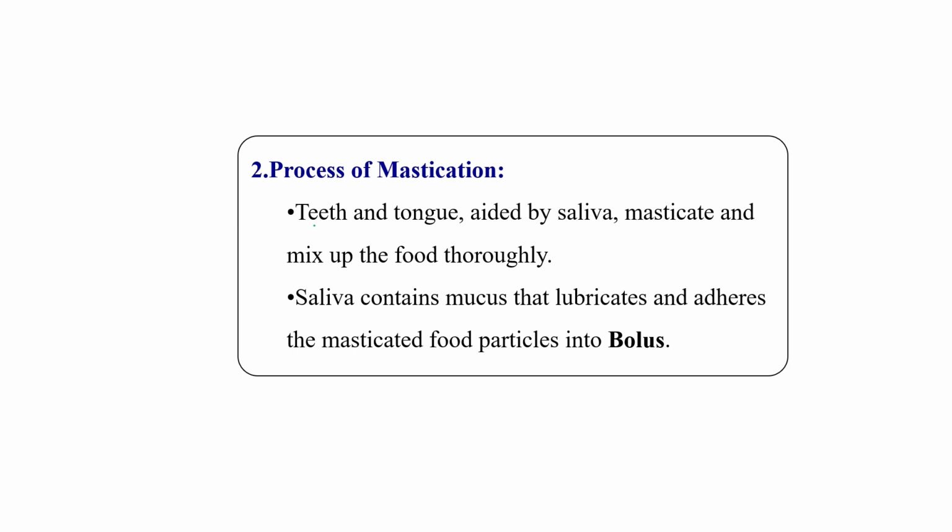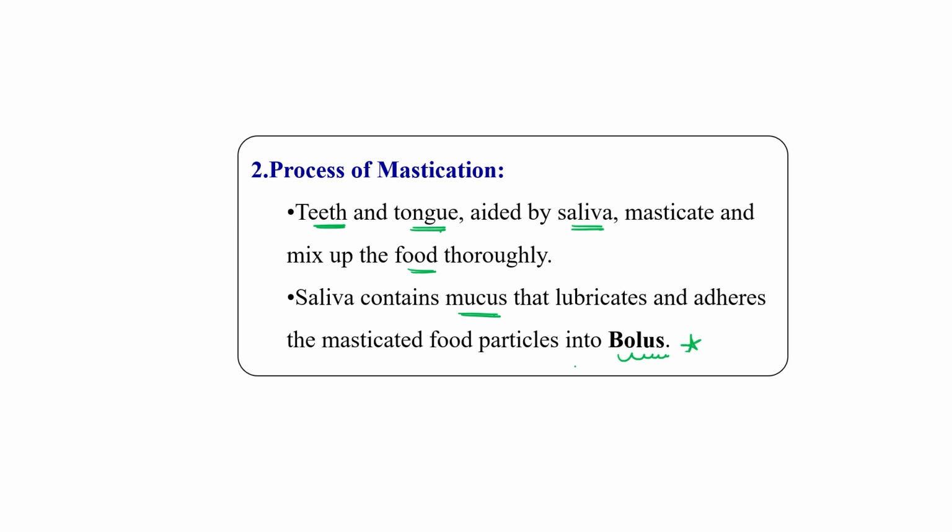So what is the process of mastication? In mastication, both teeth and tongue are involved, and their function is accelerated by the saliva, because saliva is mixed properly with the food, and saliva contains mucus which provides lubrication to the food and adheres the masticated food particles into the bolus.